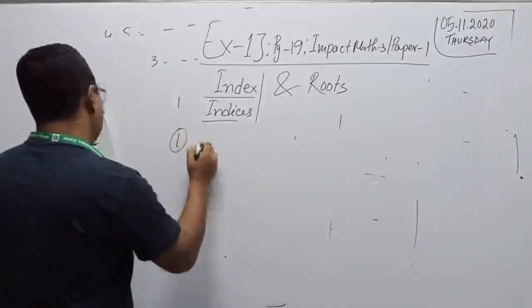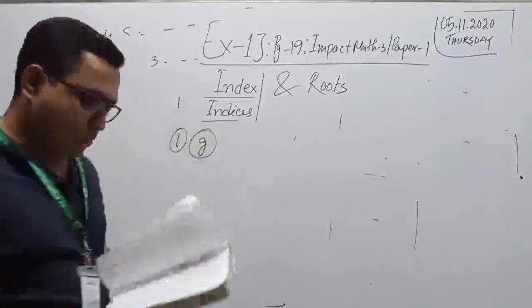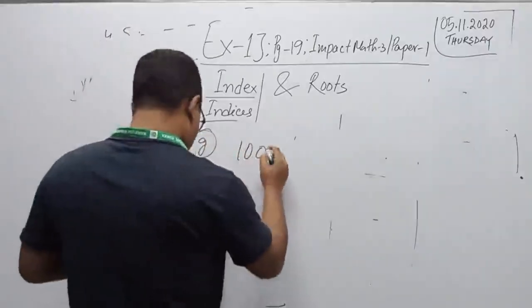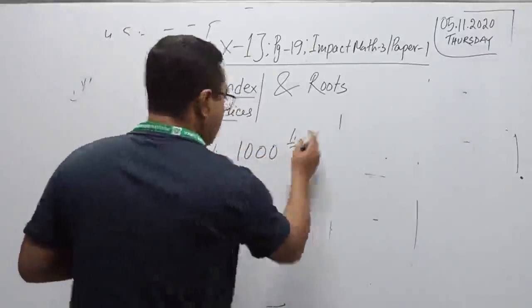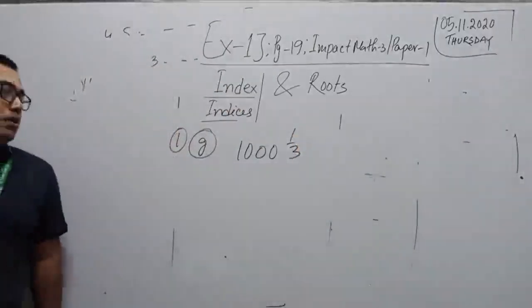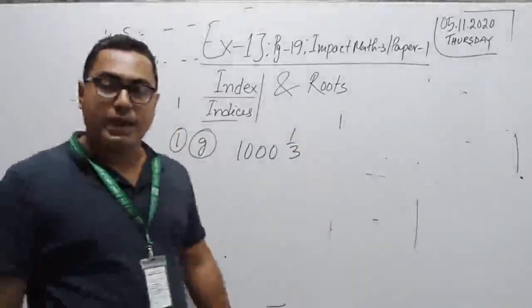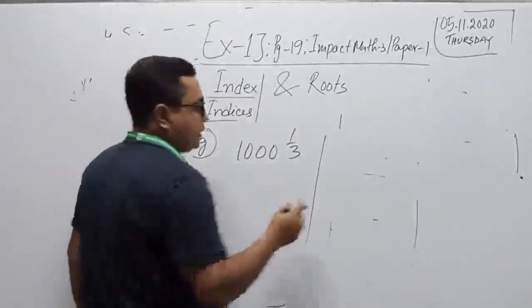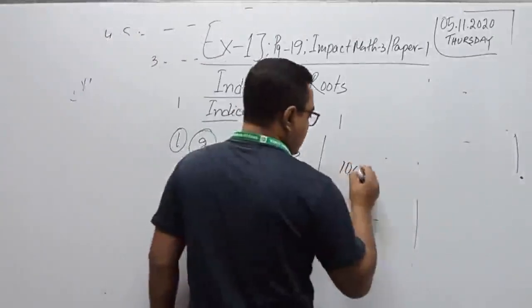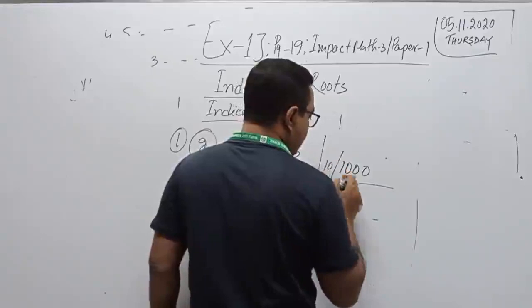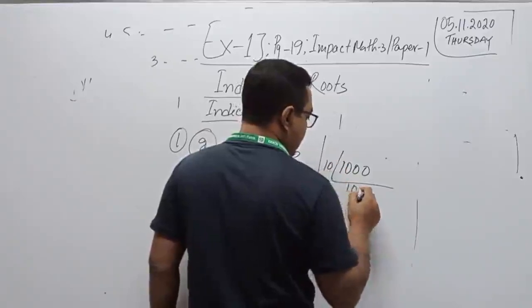Okay. Let's solve a few math problems which are different from our usual idea. Suppose here 1000 to the power 1 by 3. So this 1000, if I divide it by 10, I'll get 100.